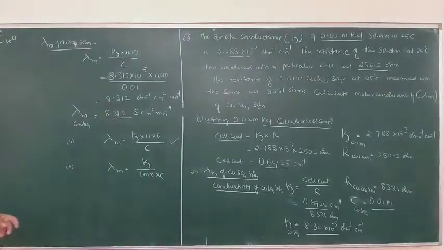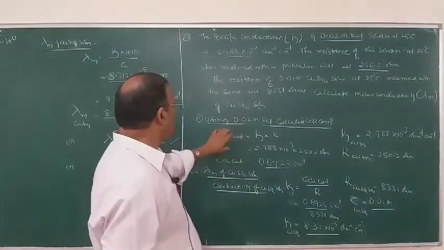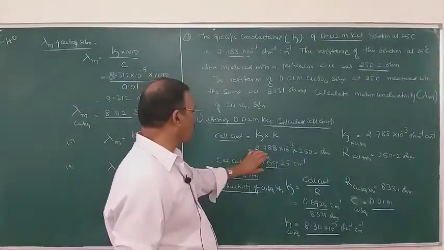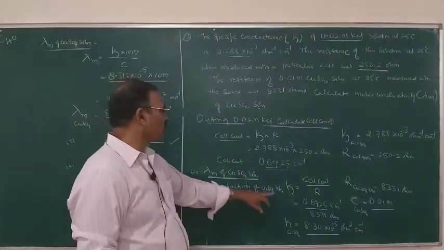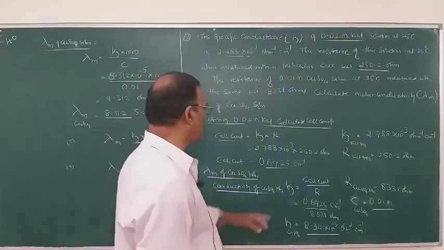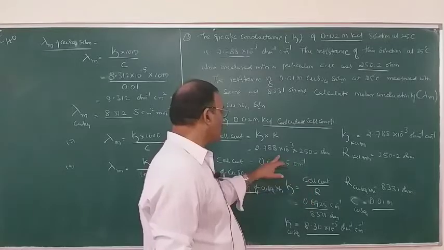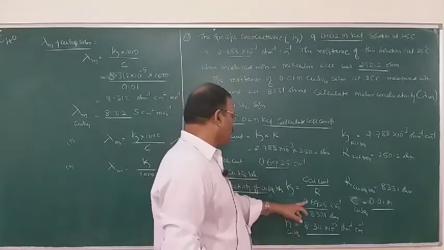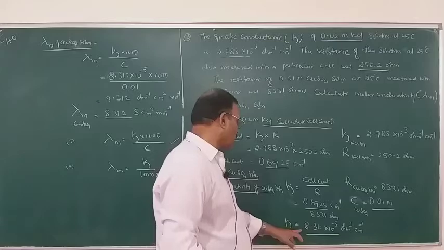So in these problems we have to determine two things. Using potassium chloride solution, determine the cell constant. Once the cell constant is determined, determine the specific conductance of copper sulfate solution. Specific conductance is equal to cell constant divided by resistance. Resistance is given, cell constant is determined using potassium chloride solution. So substituting and simplifying, you will get specific conductance of copper sulfate solution.